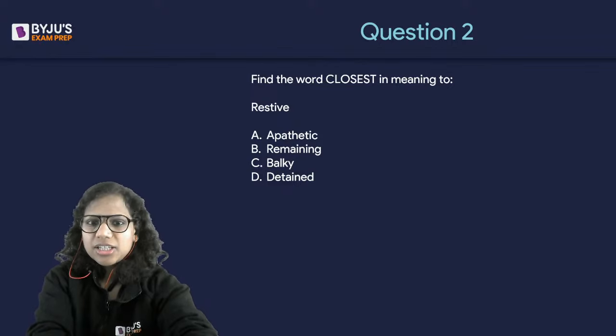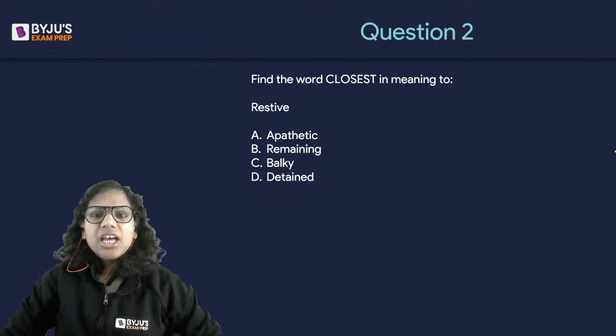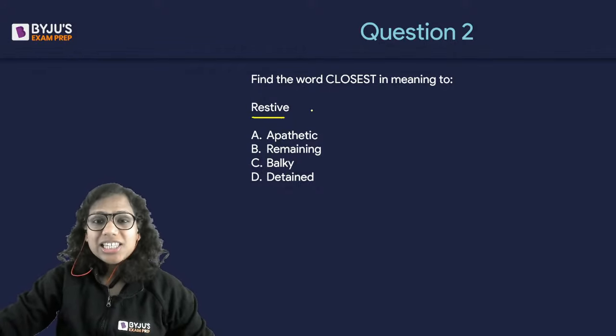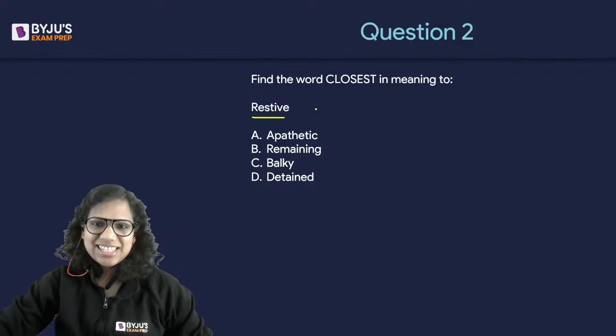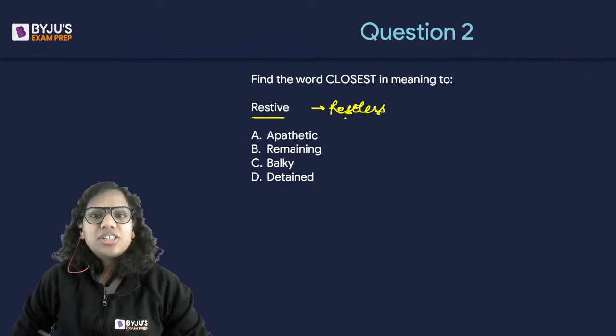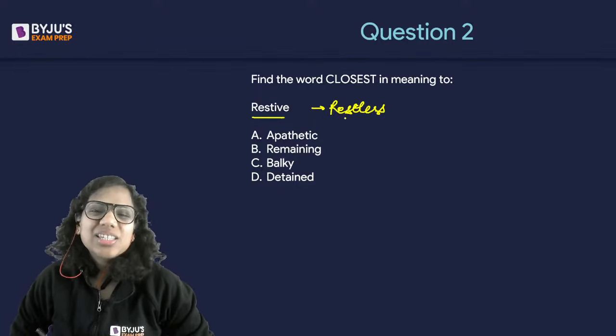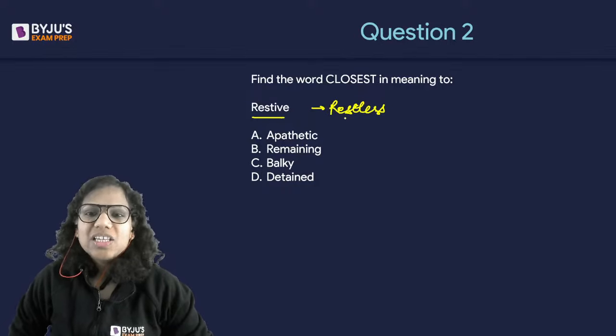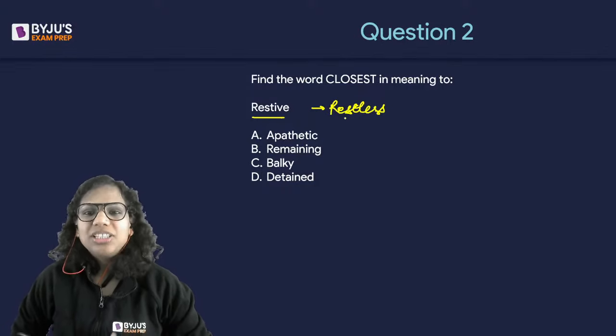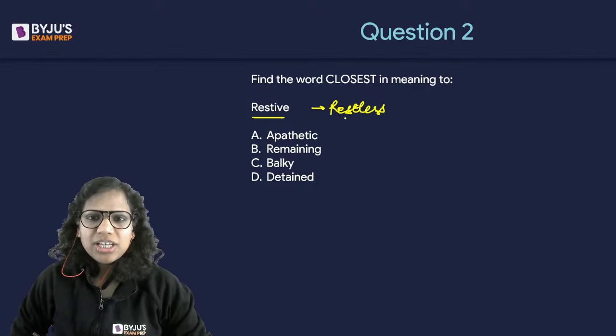All right, so let's see. Restive is a synonym of restless. So a restive horse is a restless horse, right? A restive person is a restless person, somebody not at ease, somebody probably perturbed, something that manifests in his or her body language, right?